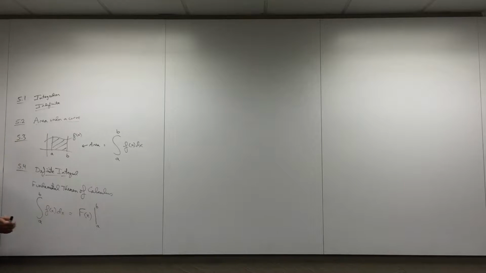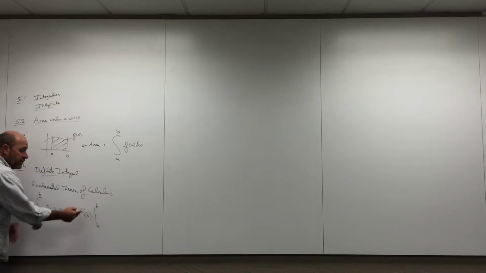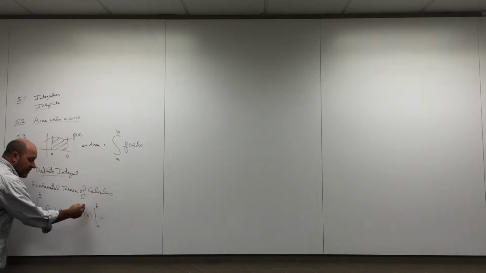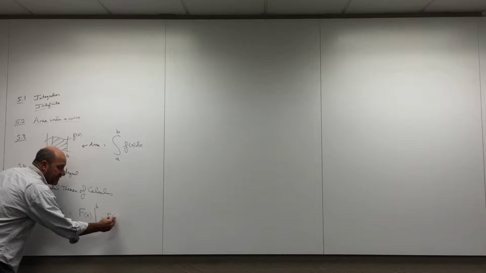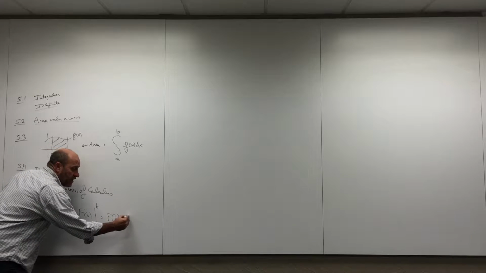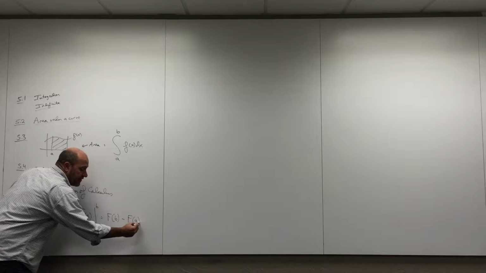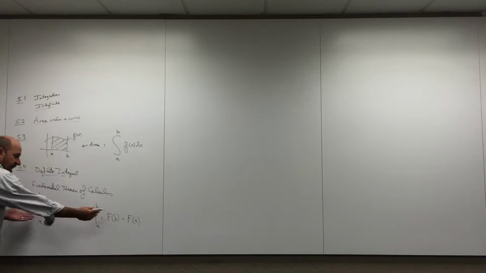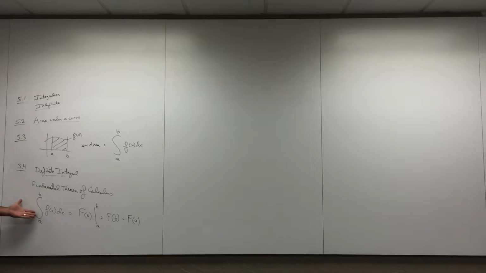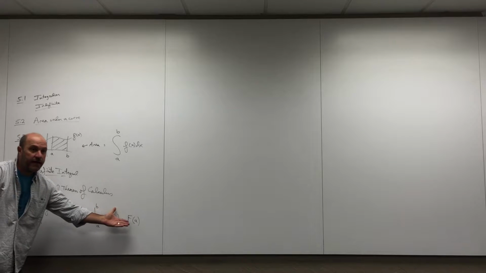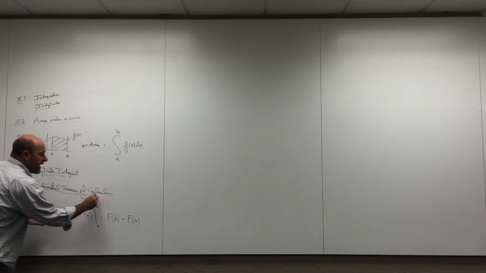So you don't put a plus c on these definite integrals. You don't need the plus c. Instead, you're evaluating from a to b, and then what that means is you plug b into the antiderivative, minus plugging a into the antiderivative. And this concept of how to evaluate a definite integral is the fundamental theorem of calculus.